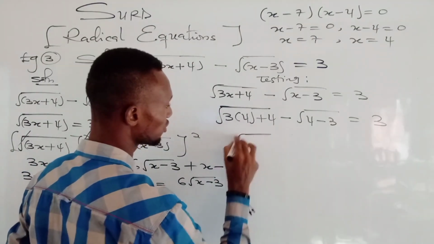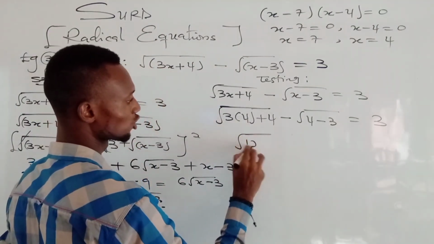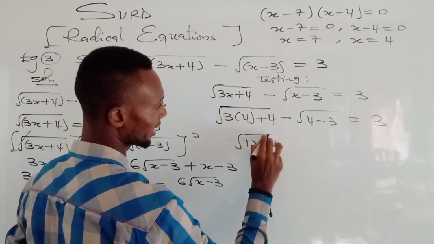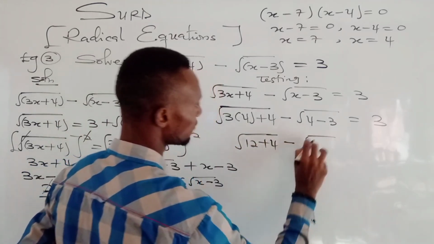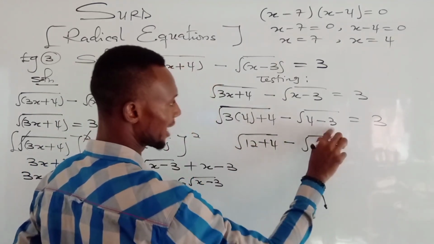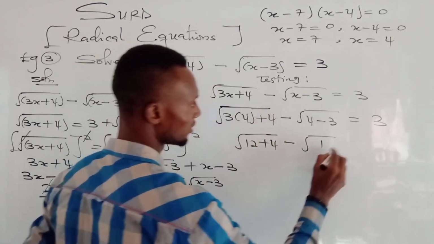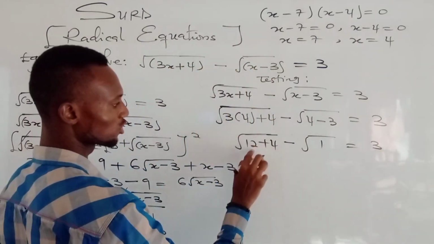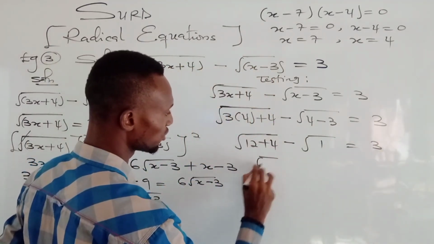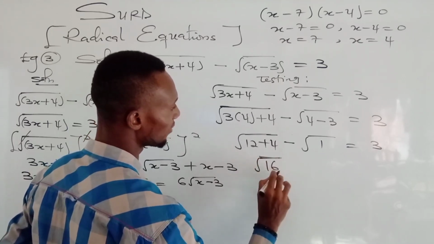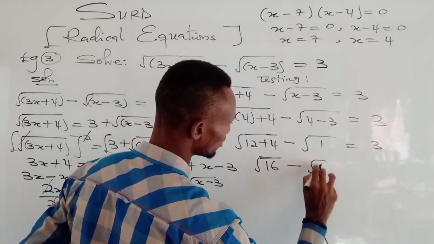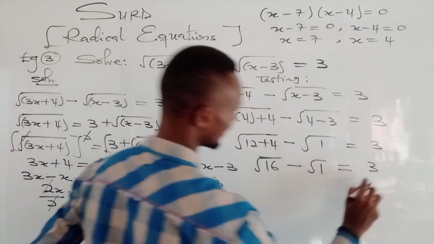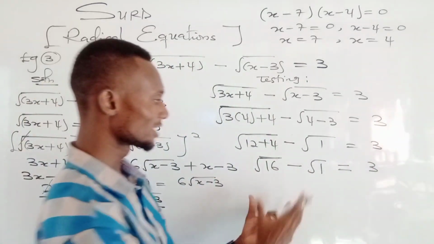I'm going to have square root of 3 times 4, which is 12, then plus 4, minus square root of 4 minus 3, which gives 1, equals 3. Then square root of 12 plus 4 gives square root of 16, minus square root of 1 should give us 3. So now let's simplify.